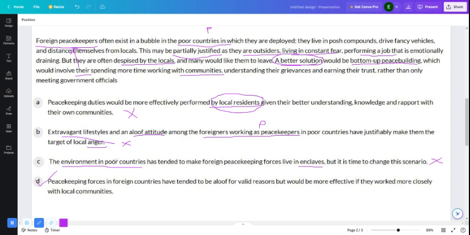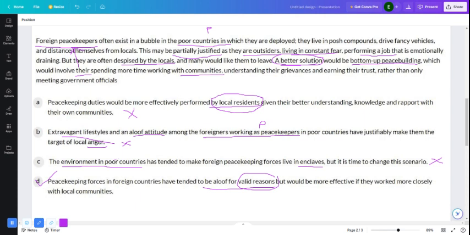Now see, peacekeeping forces in foreign countries have tended to be aloof for valid reasons. See, aloof, they have kept distance, and this is being justified as they're outsiders. So here the valid reasons also come that they're outsiders living in fear, and that is why they have kept themselves aloof.